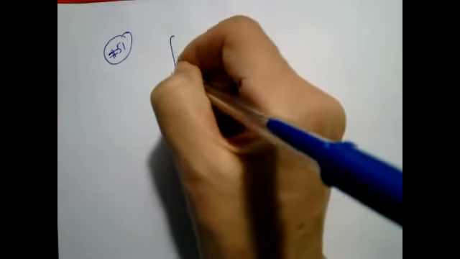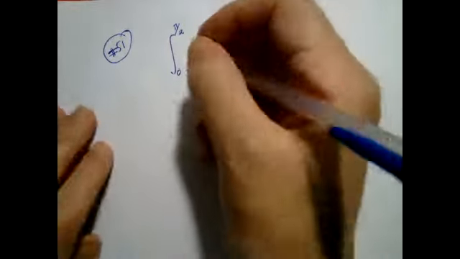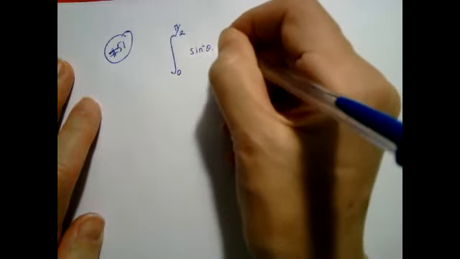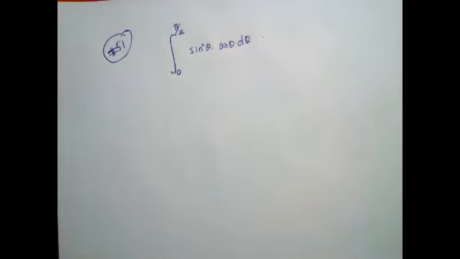And here we are. 51. So we have to evaluate the following definite integral, 0 to pi over 2 of sine squared theta cosine theta d theta.